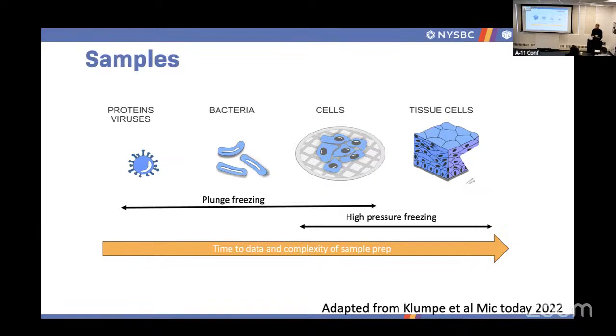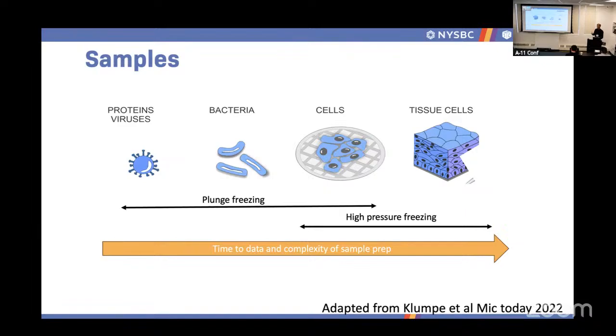So you typically start using FIBs for anything that is thicker than half a micron. So that's the general idea. Up to half a micron, you can get away with your regular tomography. 300 nanometers is probably considered the upper limit for high resolution, but you can get away with a little thicker. Anywhere above that, you're going to have to either do sectioning or use a FIB. There's not really any alternative there.